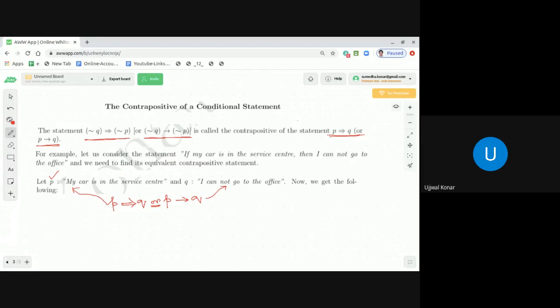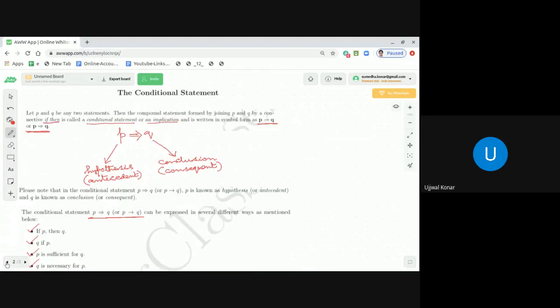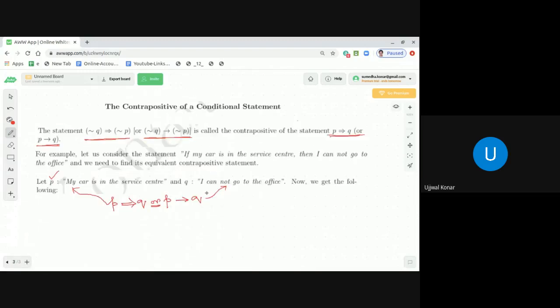Or Q is necessary for P. That means for the statement I cannot go to office to be true, what is necessary is that my car should be in the service center.